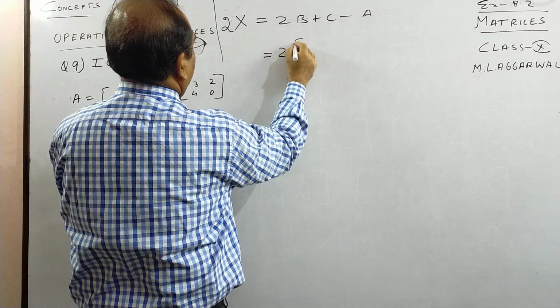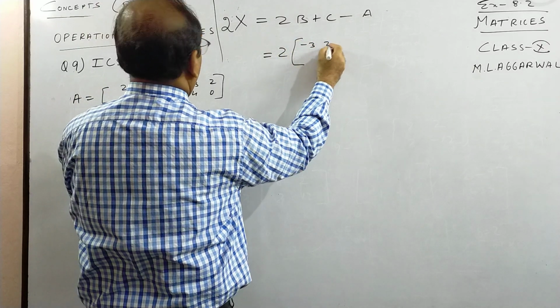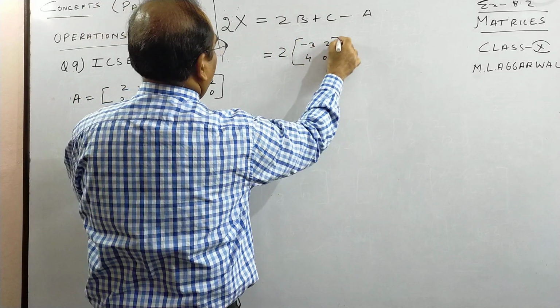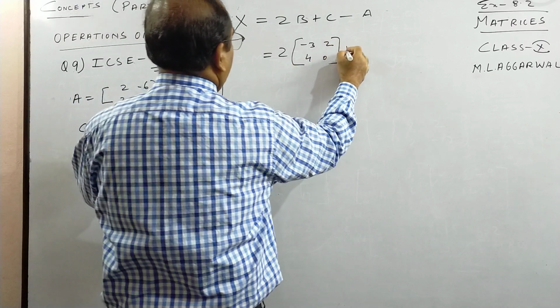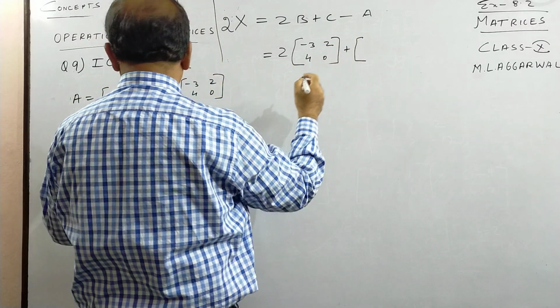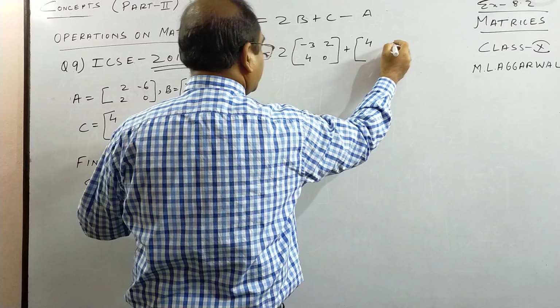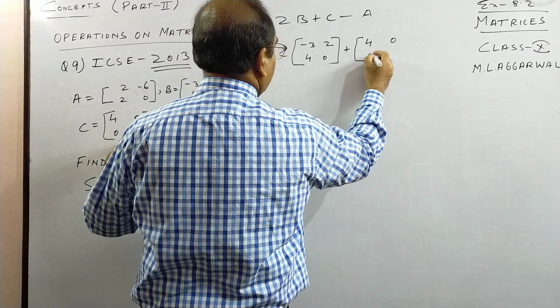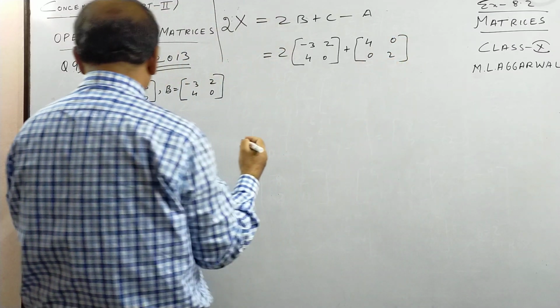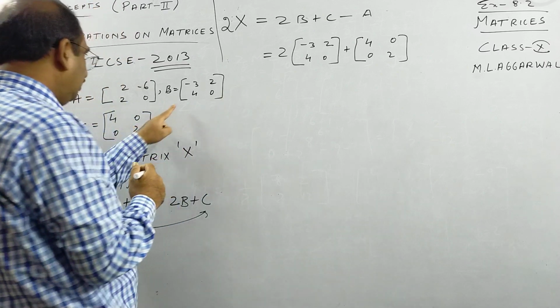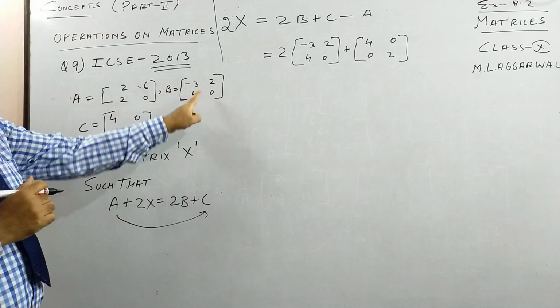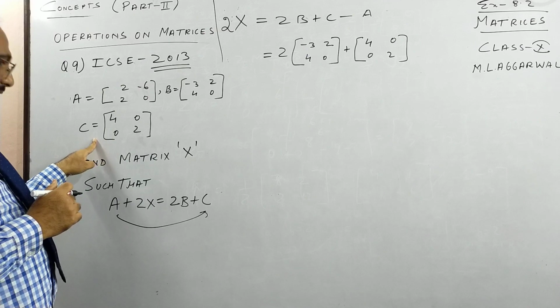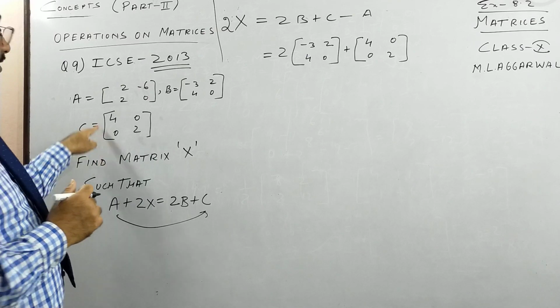For 2B I'll write B here, because a small error will cost you very badly with your total marks in an exam. So twice B, check each element, plus C minus A.